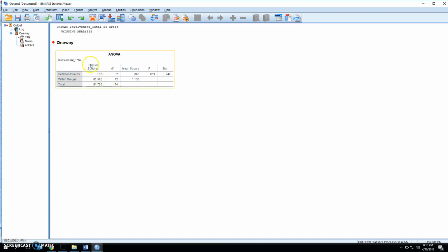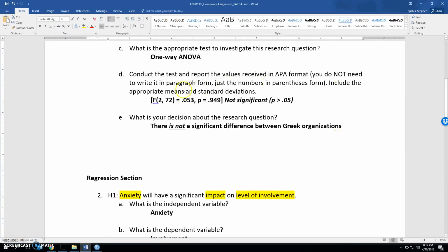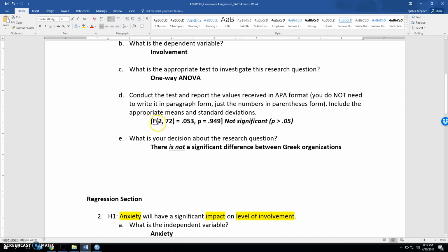And here is our ANOVA table. As you can see, we have our degrees of freedom, our number here showing within groups. We have our F statistic, which is used for ANOVAs, and we have our level of significance. If we come back over and begin to write our results, using the one-way ANOVA, we have our F statistic, our degrees of freedom, and we also have our remaining number here, the N, our population number.